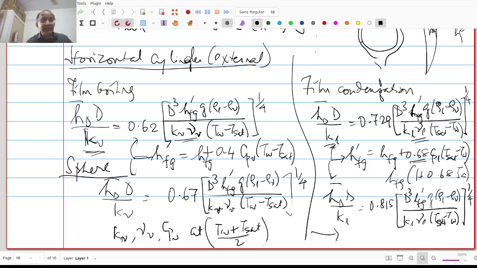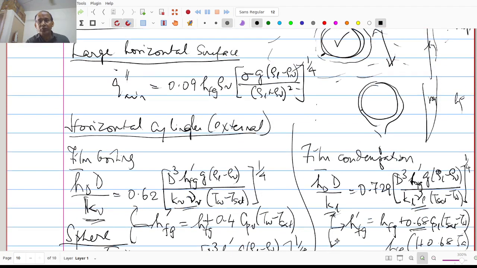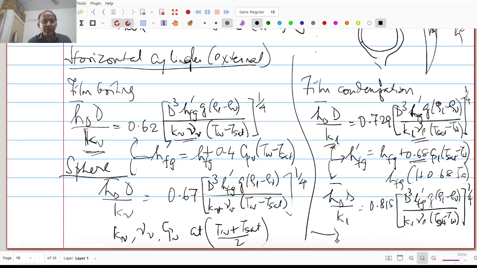You see that the film condensation and film boiling correlations look very similar because of the way they behave. The condensation happens with the liquid film falling downwards, and film boiling happens with the vapor film enveloping the geometry and going upwards. So the same thing geometrically is similar, and therefore the same kind of correlations apply to both.